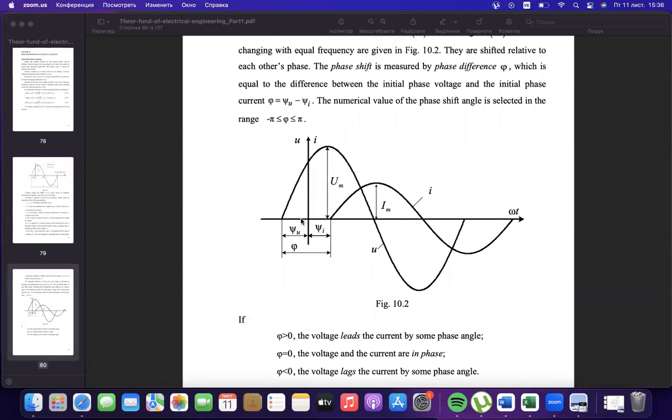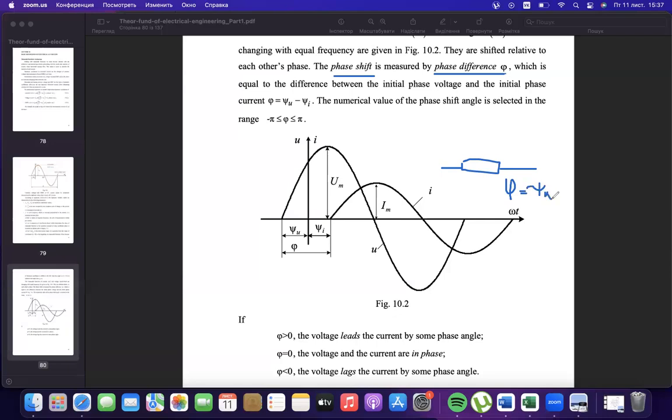And here is the situation that I drew previously, that voltage and current will have different initial angles. And if we are speaking about some element, one very important characteristic is called the phase difference angle or phase shift angle. It is denoted as phi.